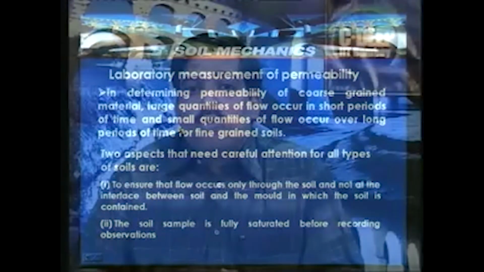Contrary to this, in fine grained soils, small quantities of flow occur over long periods of time. So there are two distinct differences: in coarse grained soils, large quantities of flow occur over a short period of time, and in fine grained soils, small quantities of flow occur over a long period of time.